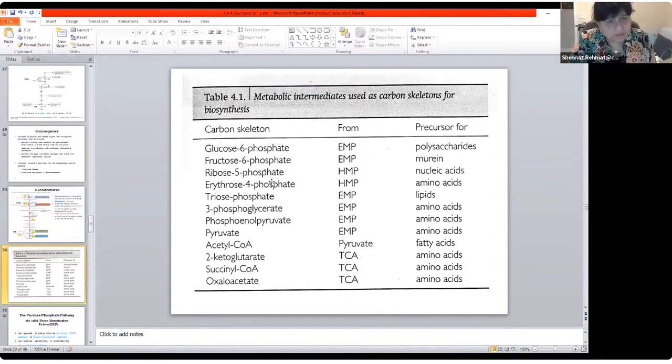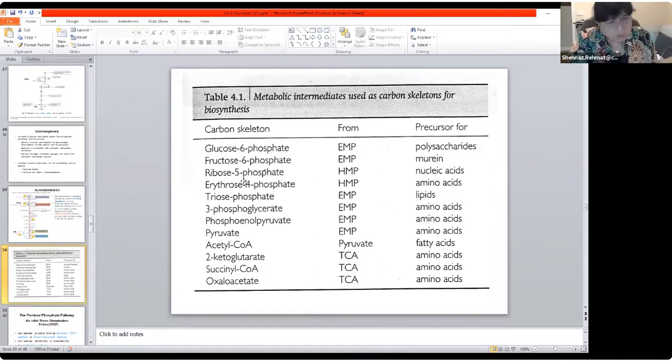These are not generated during the EMP, and the cell needs them for nucleic acid synthesis or amino acid synthesis. So this pathway needs to run at the same time as EMP, because these two intermediates are generated by HMP only.